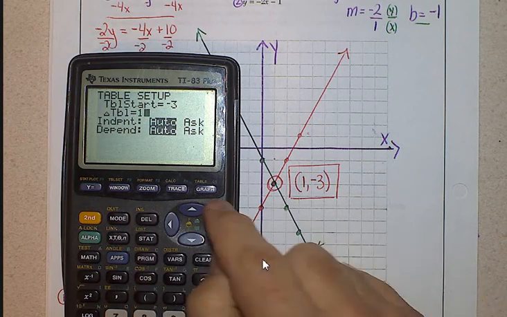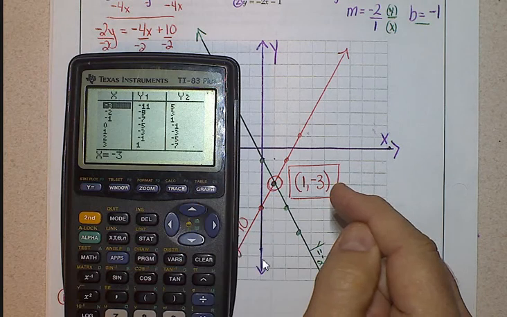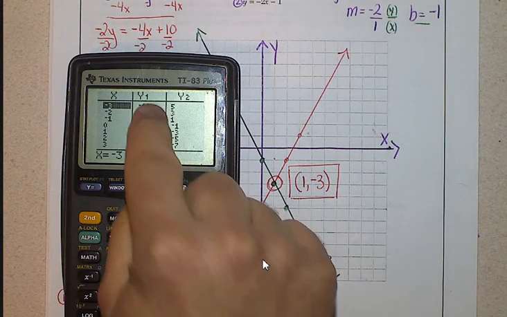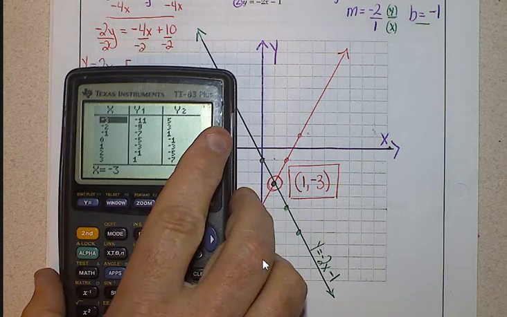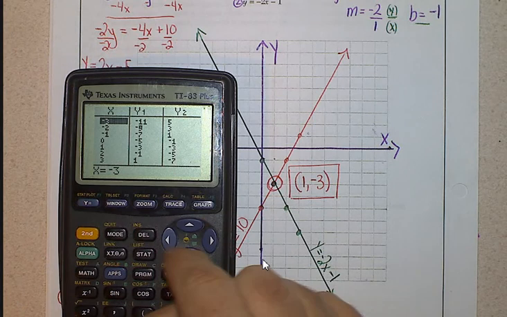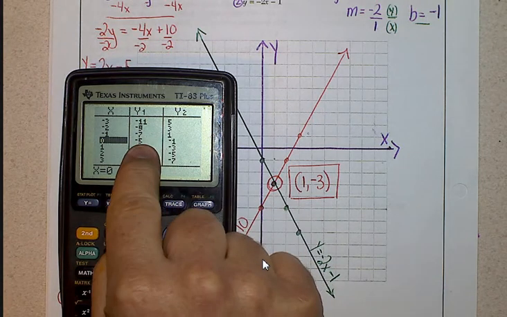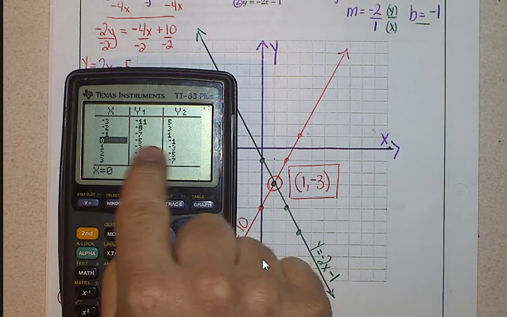Then you go up to table, so second table, and you can see all of the points. Remember, y1 is that 4x minus 2y equals 10, and the y2. So we can move down, because I think we started at x equals 0. So when x was 0, we got a y-intercept of negative 5 and a y-intercept of negative 1.